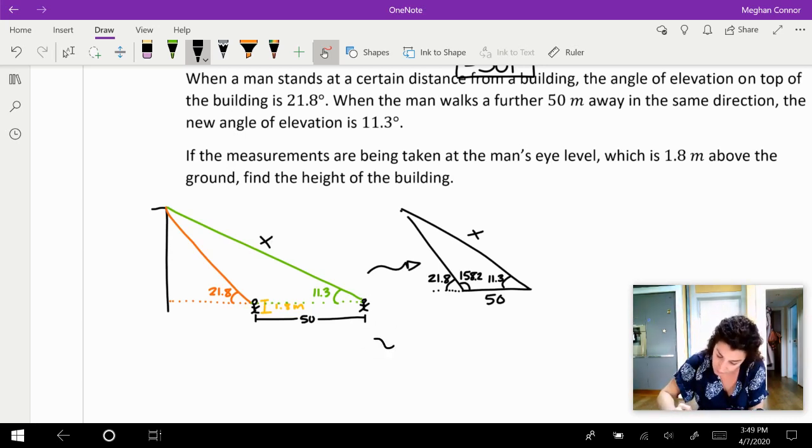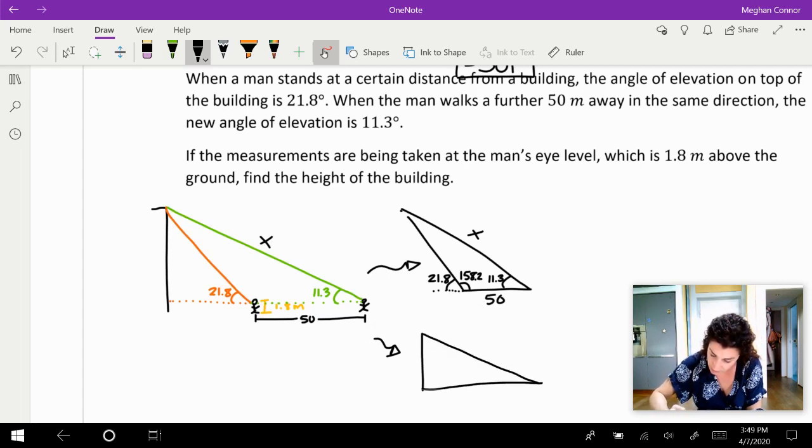A second triangle we can pull out of here would have x, and this would still be 11.3.